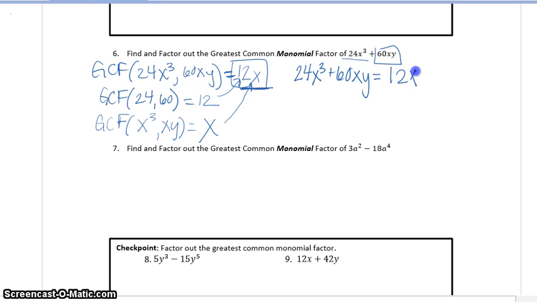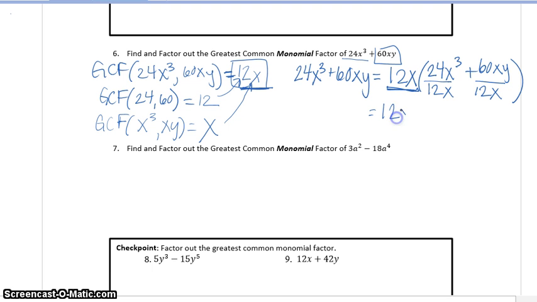So 12x is going to go outside the parentheses, and then inside of the parentheses I'm going to rewrite my polynomial 24x to the third plus 60xy. And since I'm factoring out this 12x, I need to divide 12x out of each of my terms.